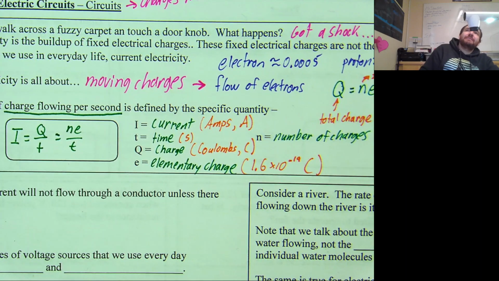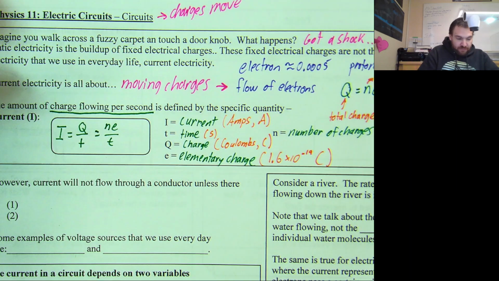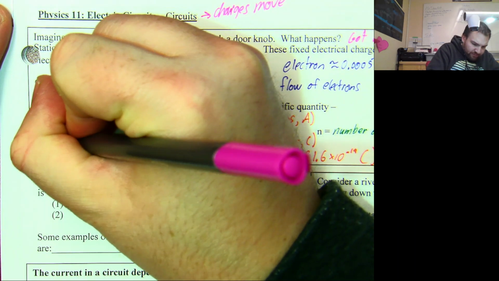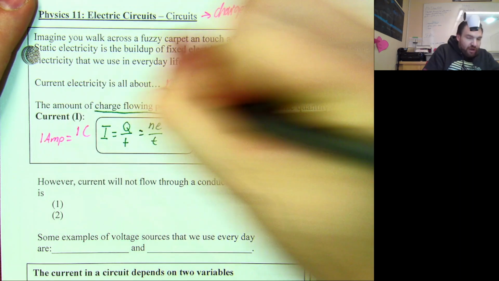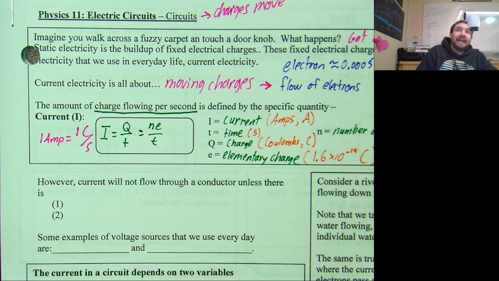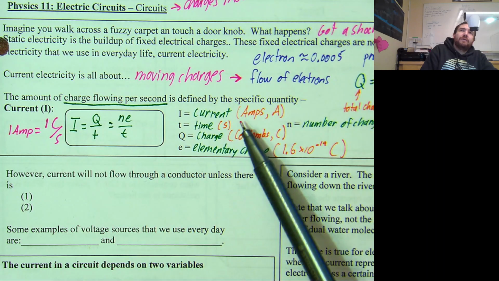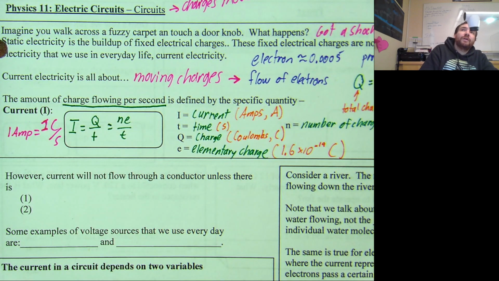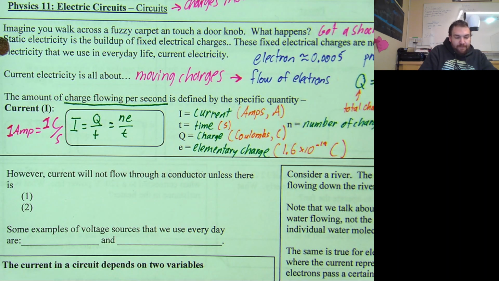So if I combine some of these ideas here, just to give you some perspective, 1 amp is equal to 1 coulomb of charge per second. There's a 1. 1 coulomb per second.